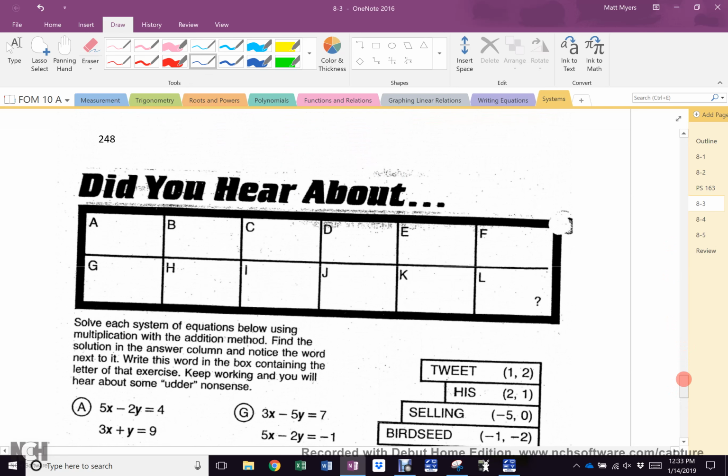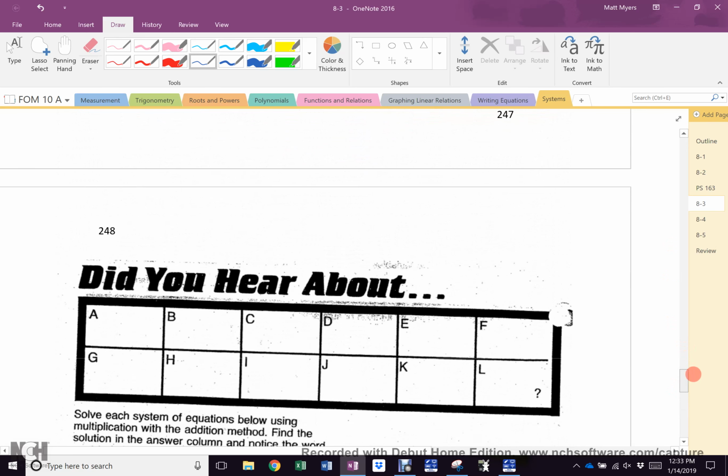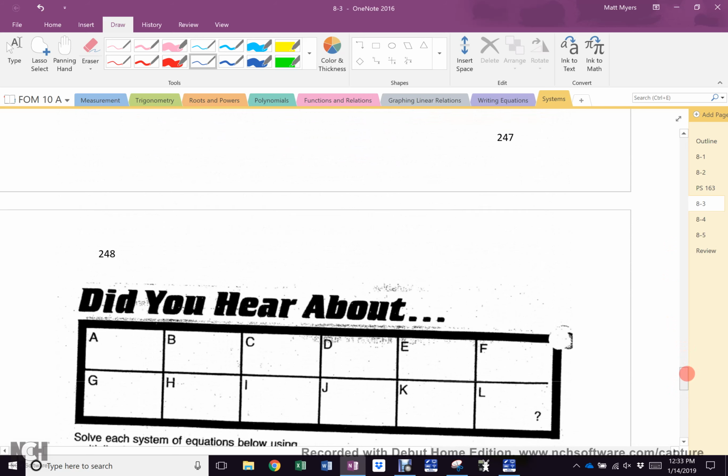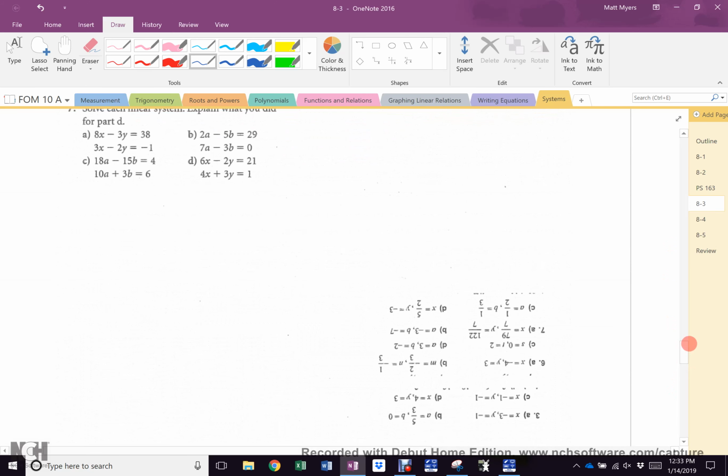This one's funny too. You do as much practice as you need to be able to solve systems with elimination. I cannot know if you have done enough work until I mark it. You must know if you have done enough work to do this.